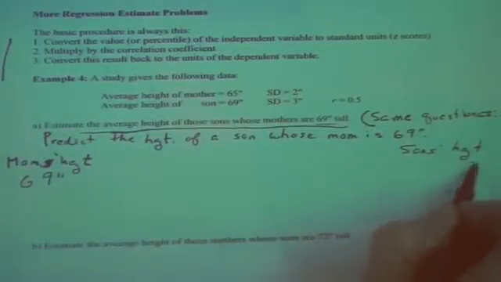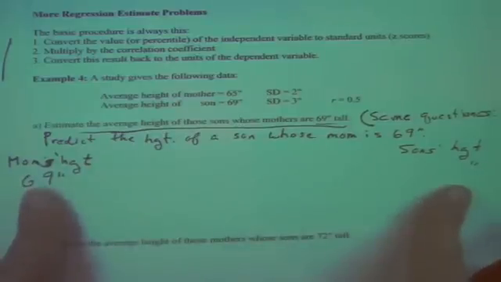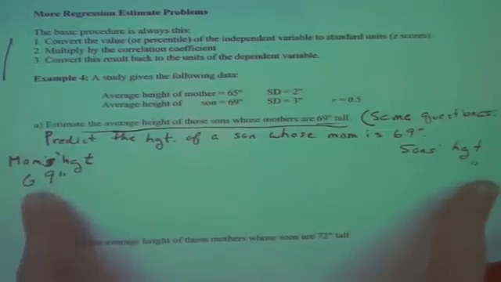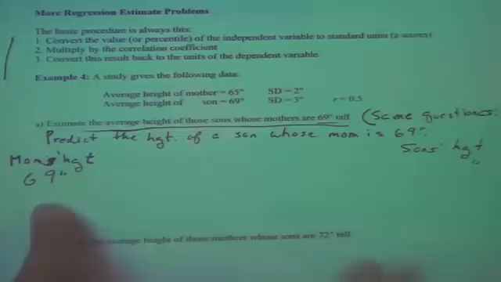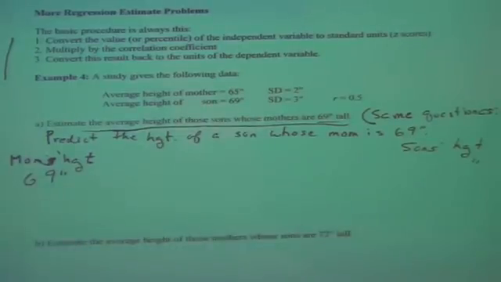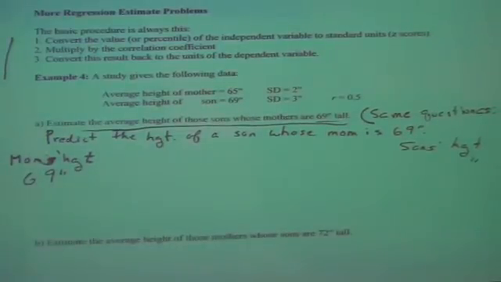So we want to end up with some inches here, inches to inches. But what do we have to do first? We can't go directly from inches to inches, but we're going to convert first to what? Z-scores.